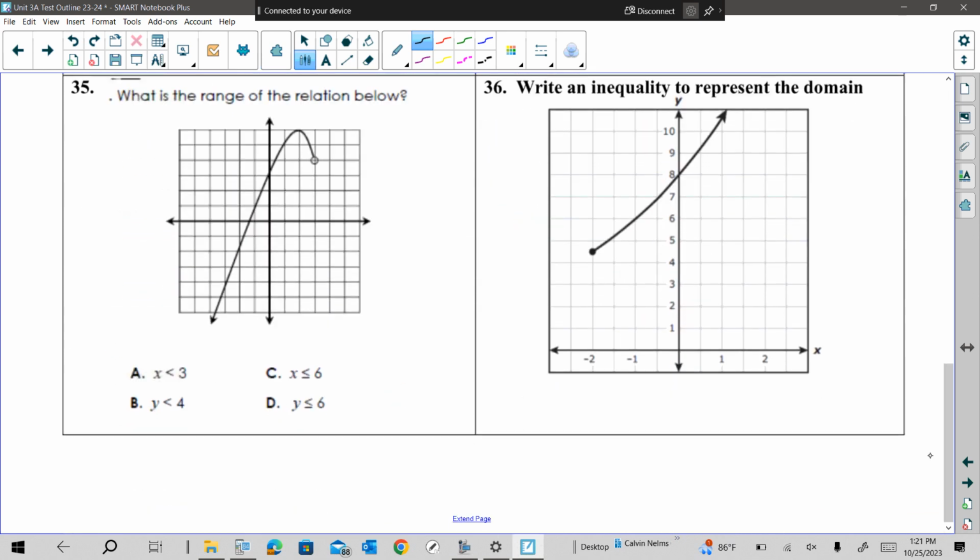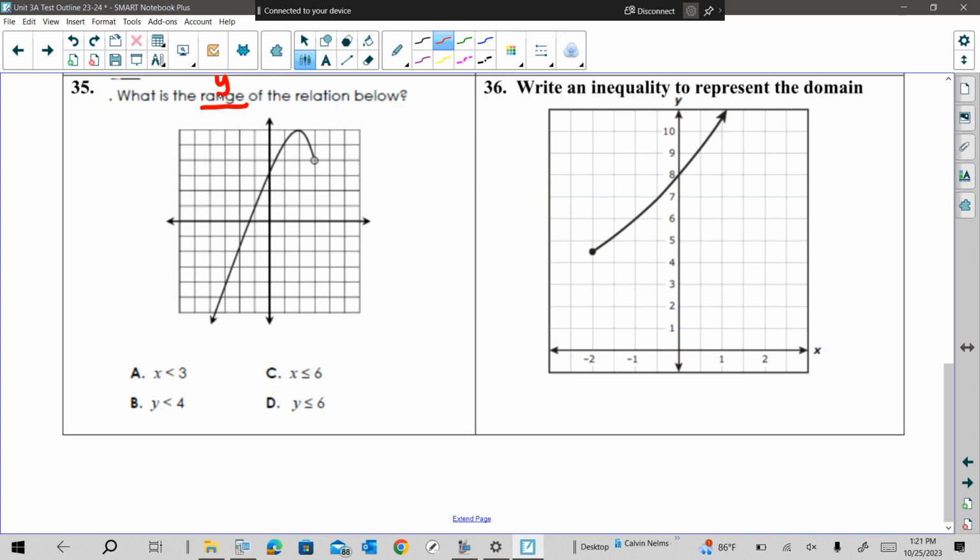Okay, so we're going to look at some multiple choice type questions because this is kind of how you'll see it on the test. On 35 here, it says, what is the range of the relationship below? Because I have the keyword range, which means y.